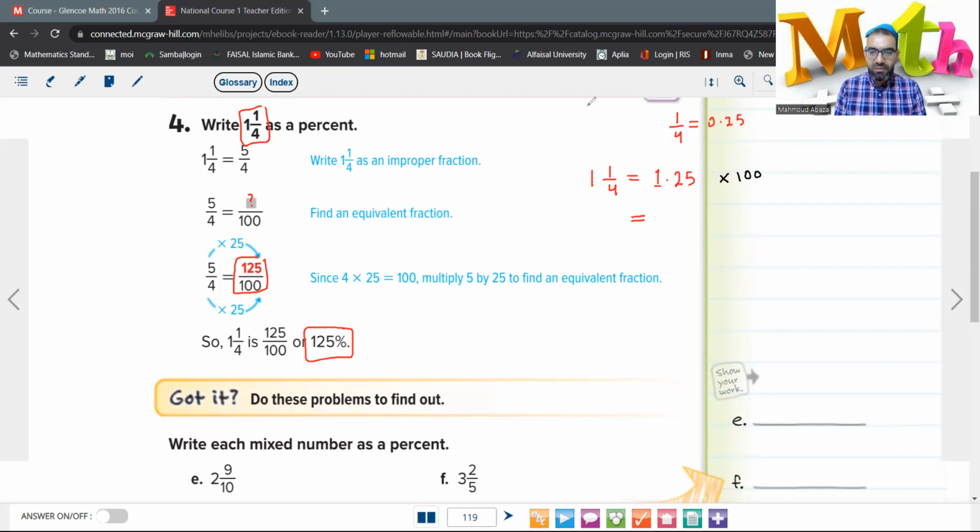Multiplying by 100 will move the decimal point to the right 2 places. So it will be here. To the right of the ones place means nothing. So it's 125%. You can follow this method to transform into a fraction or to transform into a decimal, then a percent. It's your choice.